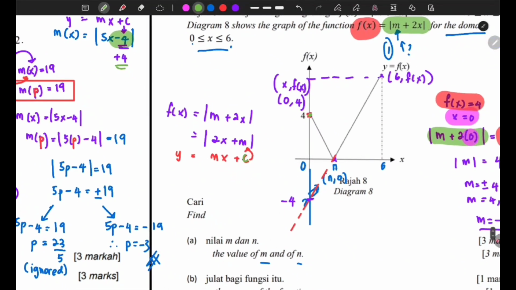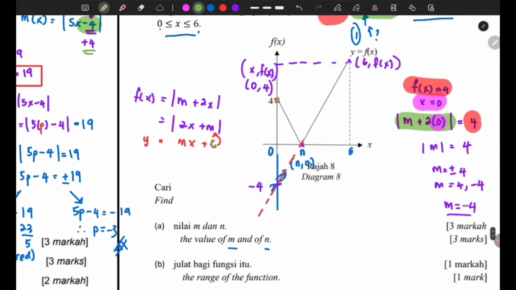If it's 4, put negative, or change the sign. That's how you do it. It's straightforward. This kind of question is like a bonus. You just need to look at the y-intercept, then change the sign. Terbalik. If plus, put minus. If minus, put plus. It's very fast. You don't have to do working, but I do show the working so that you don't get confused.